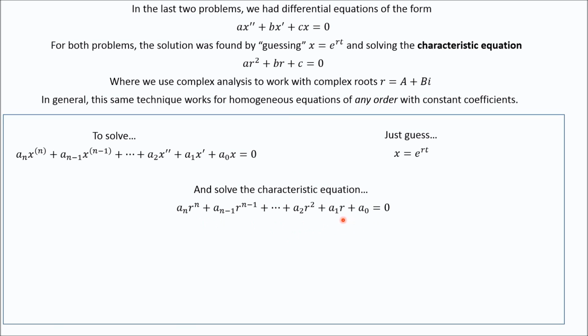This is just a restatement of what we already did, except instead of it being second order, it's nth order, if that's clear. And you'll always find n roots. Not necessarily distinct roots, but you'll always find n roots.